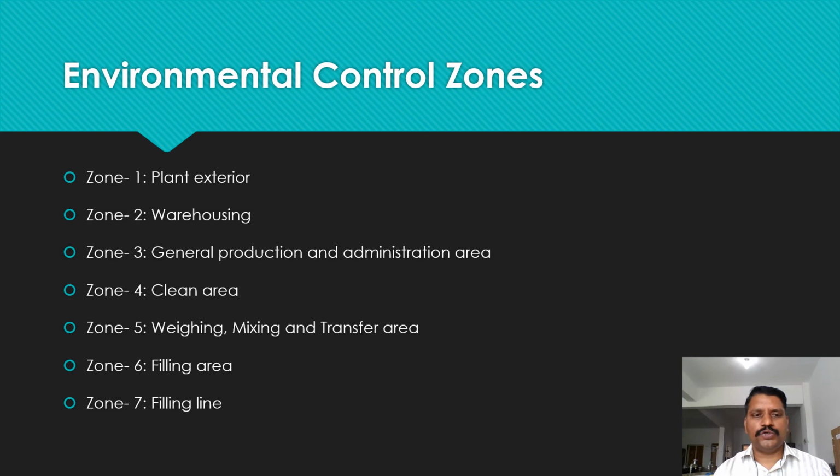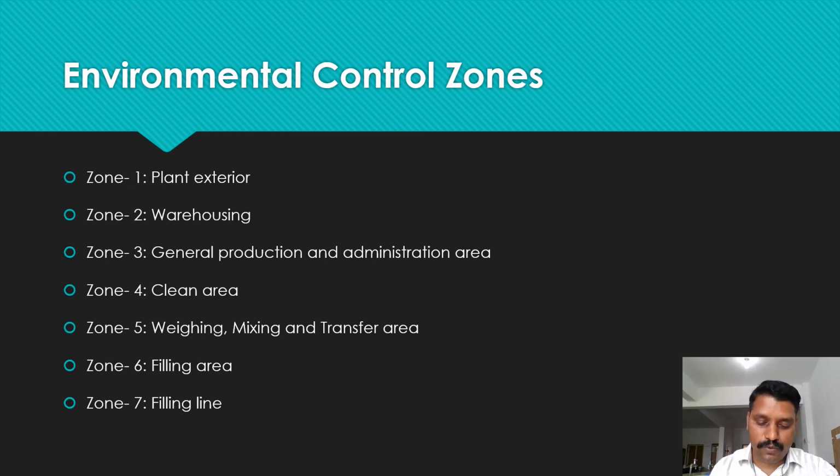Next is zone 6, the filling area. Zone 6 is a distinct zone of the controlled environment for an aseptic filling process, but may not be a distinct zone for a non-aseptic filling process.